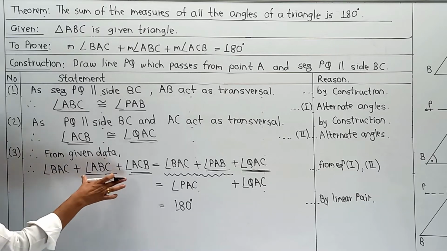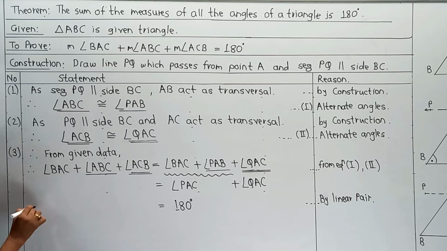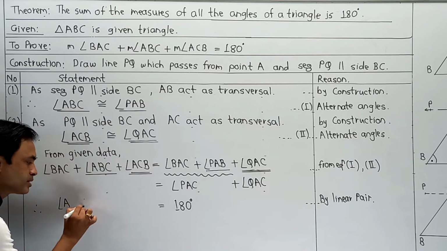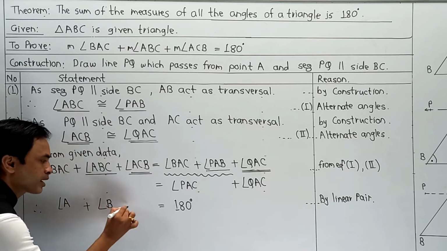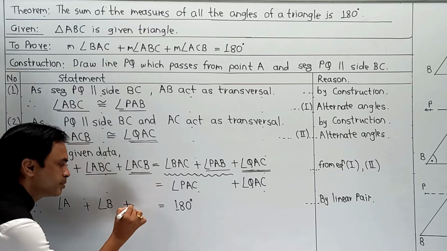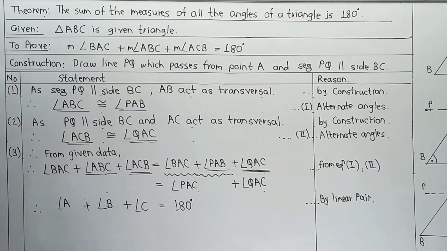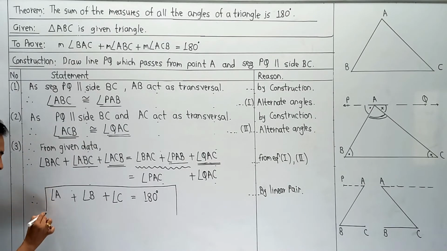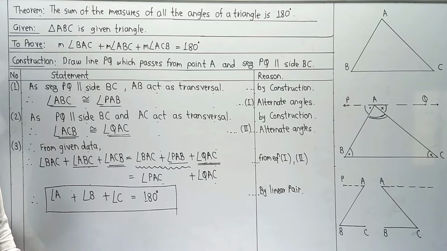With a small modification, either you can write the same part, or I am writing it short. BAC means my original angle A, plus angle ABC means angle B, and the third part angle ACB means angle C, and the addition of all these three angles becomes 180 degrees, and that is called the sum of the angles of a triangle is 180 degrees.